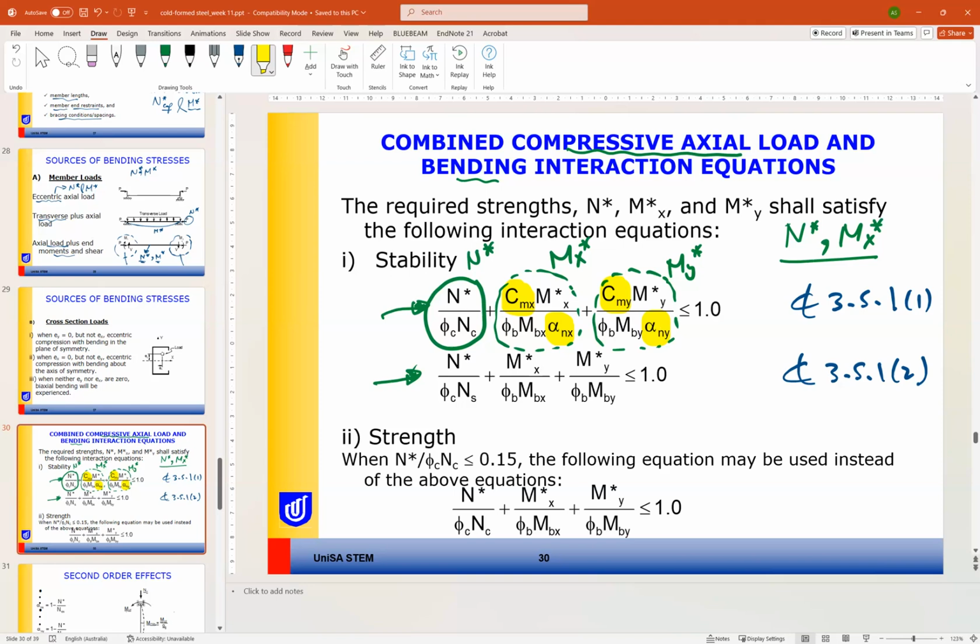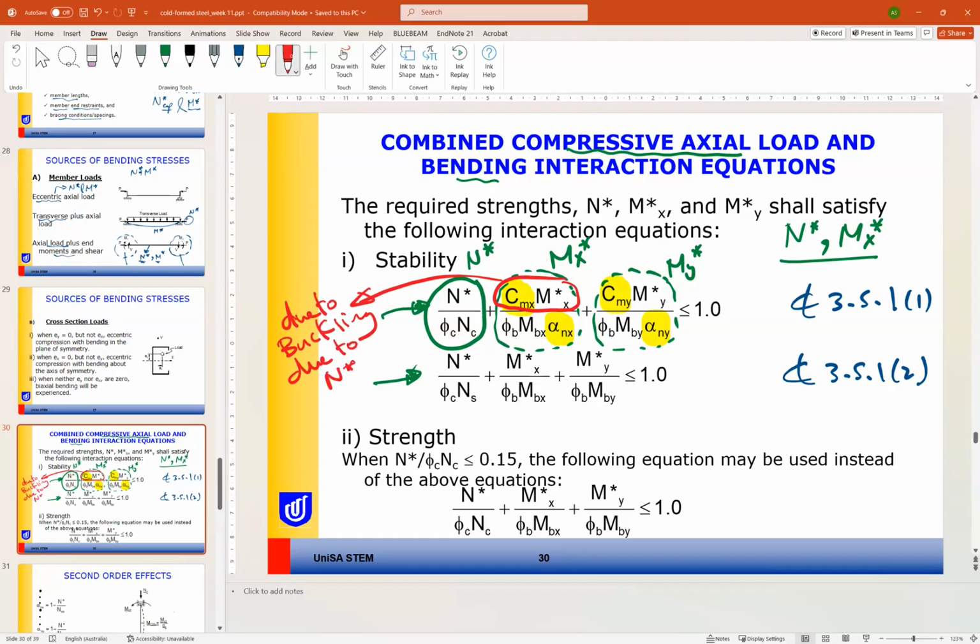This was also in the hot rolled steel member, but maybe the parameters change a little bit, but the same concept. We need to amplify the moments. So here we have the amplified moment due to buckling of the column under N asterisk.